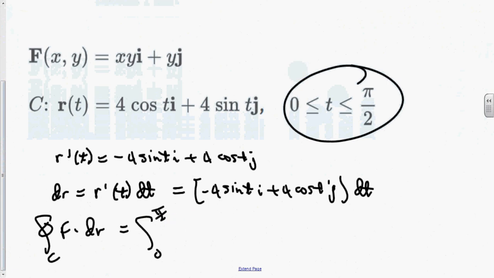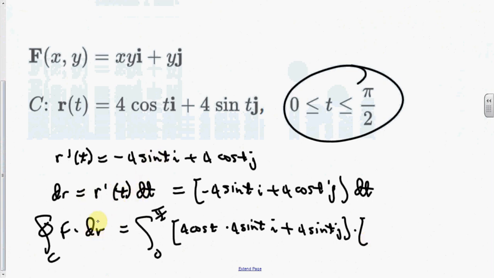So F in terms of t is x times y, but that's 4 cosine t times 4 sine t, this is i. Then it's plus y. That's plus 4 sine t j, dot product with this r prime of t dt.